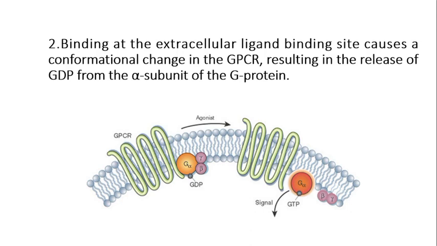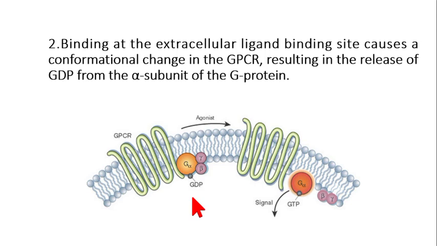First is the inactivated stage of the receptor. Once it binds with the ligand, it is activated. This is the inactivated stage: the structure has alpha, beta and gamma, and here the alpha is bound with the GDP.